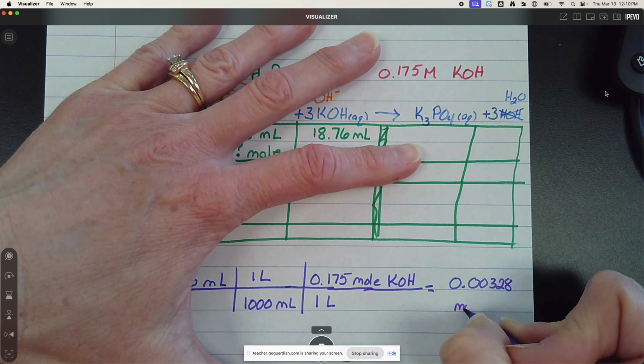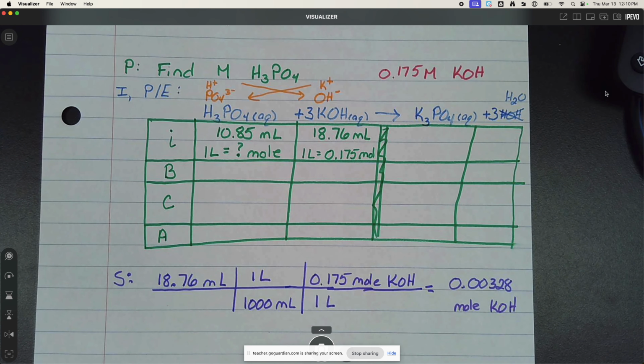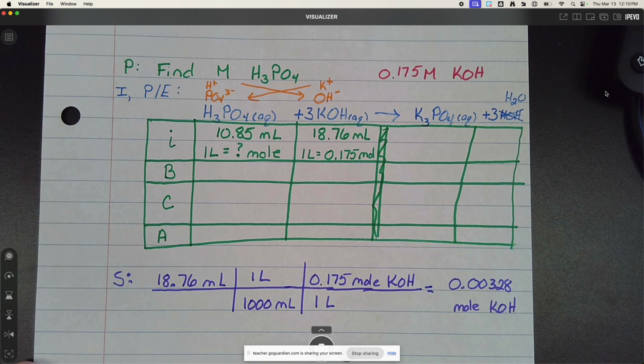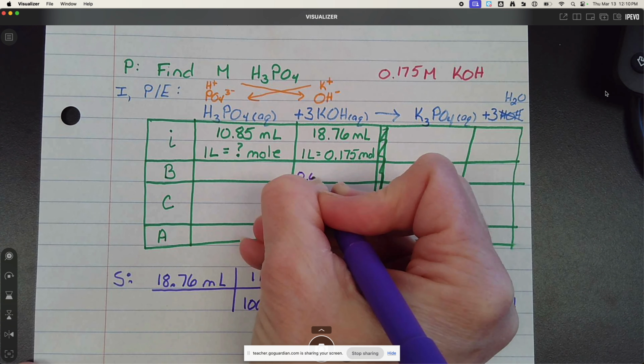And that's moles of potassium hydroxide. So I know how much potassium hydroxide was used in the reaction.